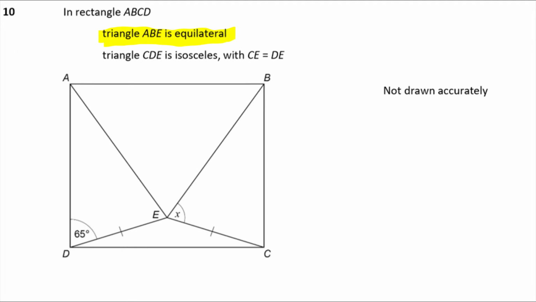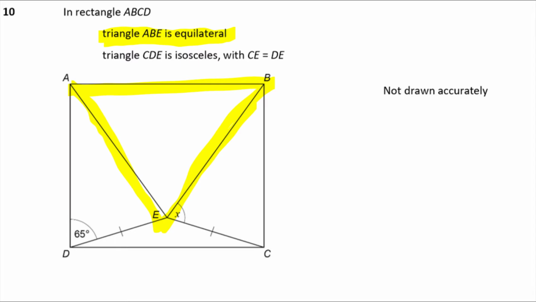Where's triangle ABE? We're talking about this triangle here. Now that isn't marked at the moment as equilateral, so that information isn't on the diagram, so it's always worth reading that. If you just missed it out and were looking at the diagram, you would be a bit stymied here to be able to answer it.